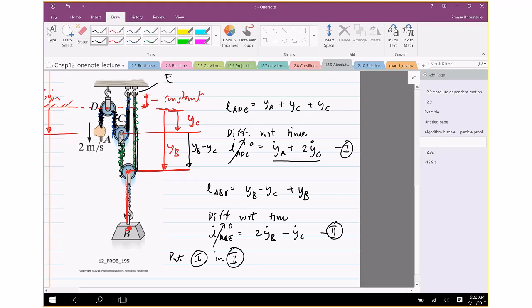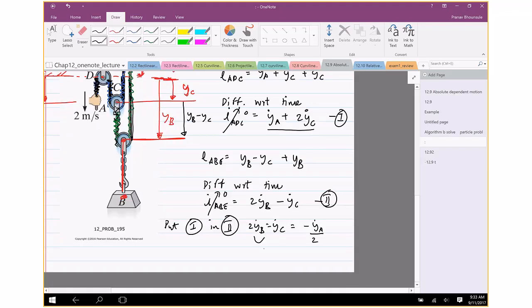So if you put 1 and 2 together, you get 2YB dot equals YC dot, equals minus, so I got this from 2, I got this from 1, so 2YB dot is equal to minus YA dot divided by 4.